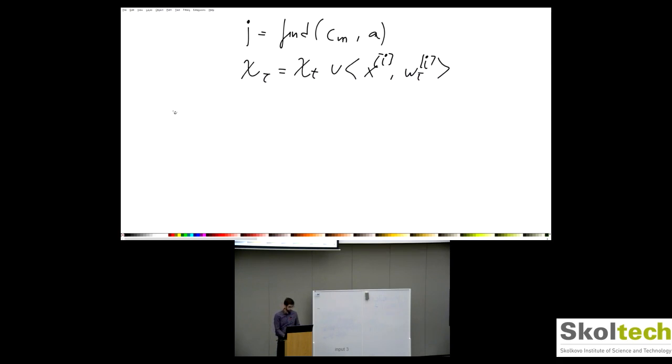Okay. There's a small problem with this. And let me write it now. So the problem is that over time, independent resampling induces a loss of diversity, right?